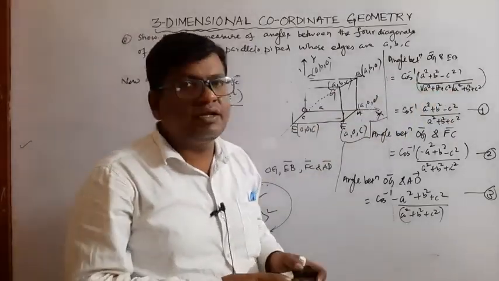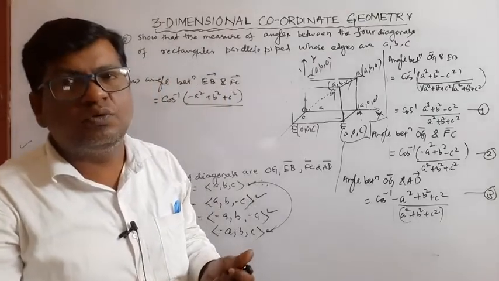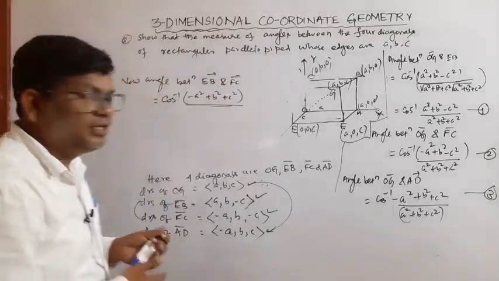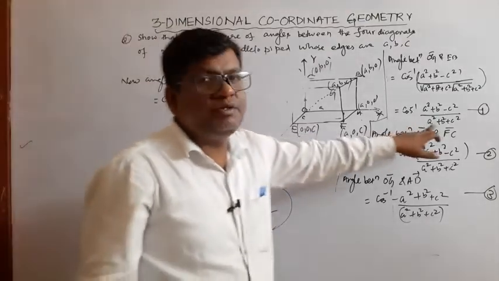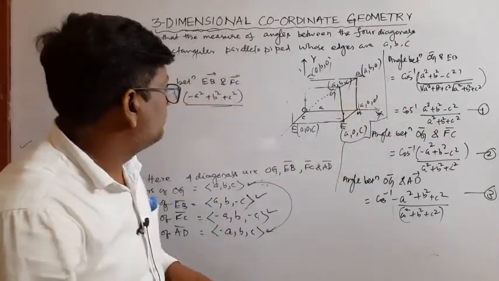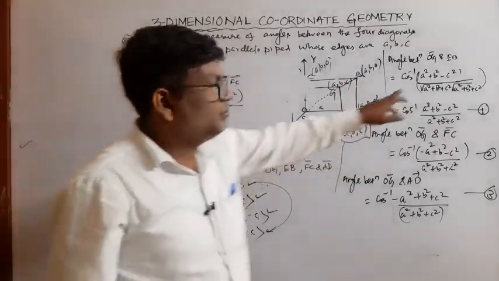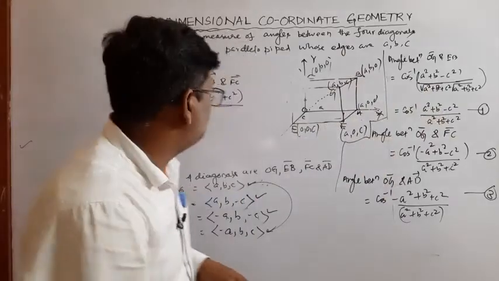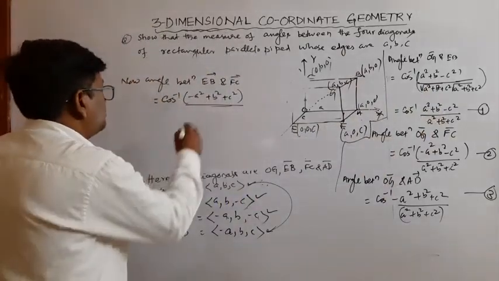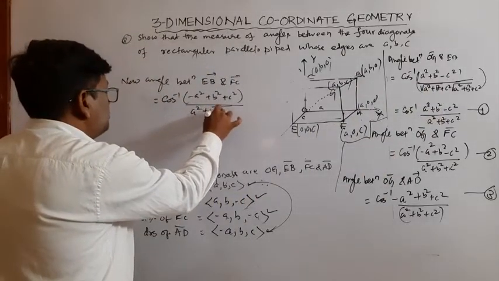So root over A square plus B square plus C square into root over A square plus B square plus C square is equal to A square plus B square plus C square. Okay. So the calculation is repeated in the same way. So this is A square plus B square plus C square.